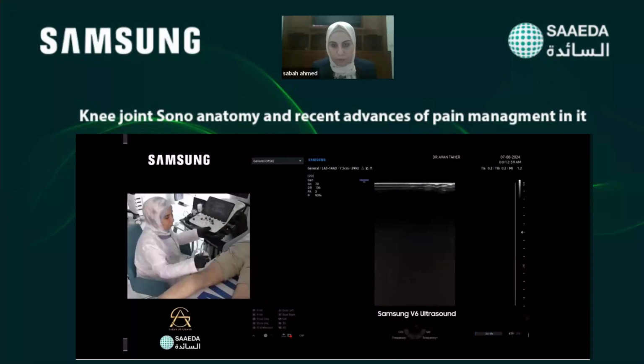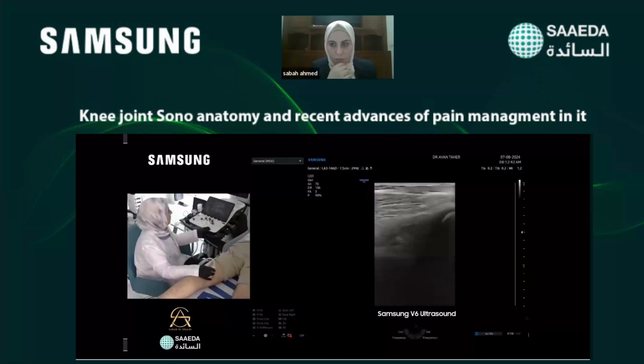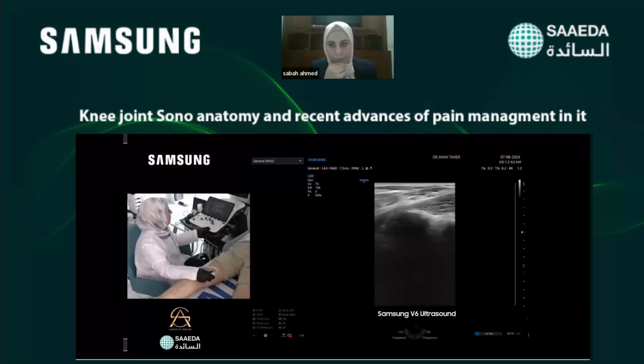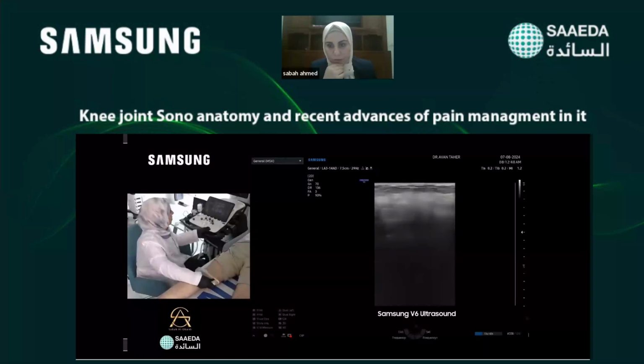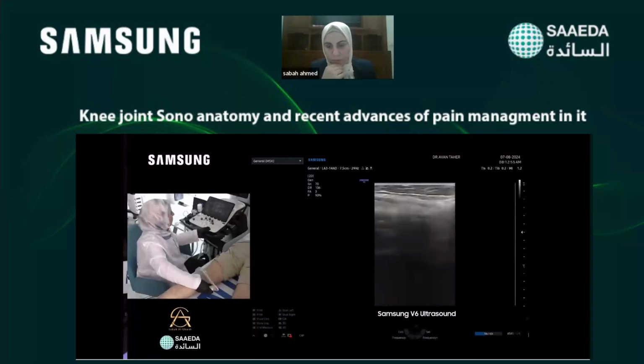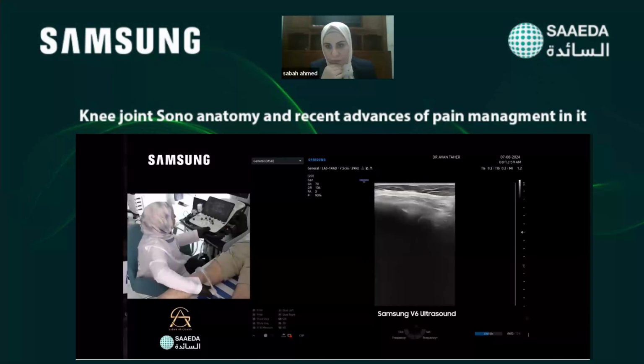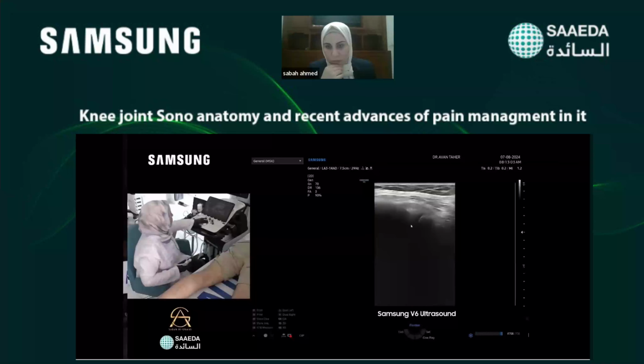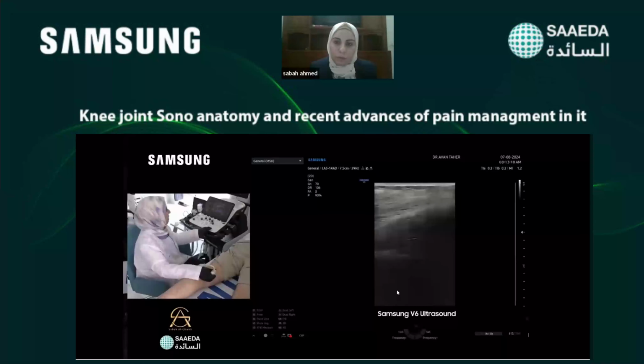So I put my probe longitudinally in the intercondylar region, then go more medial. On the medial side, this is the meniscus, and this is the posterior cruciate ligament, which lies between the anterior meniscofemoral and the posterior meniscofemoral part.